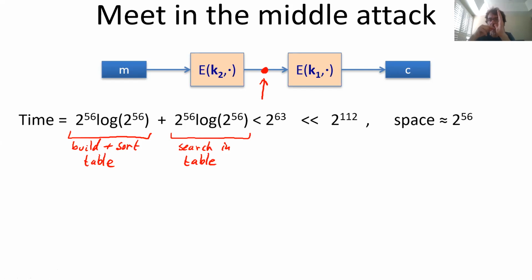Well, that's a binary search, so it takes log of how many entries are in the table. So that's where you get the time of about 2 to the 63. It's 56 times the log here, and 56 is about 2 to the 6, so 56 plus 6 is 62, and then you have another factor of 2, because you're using it twice.